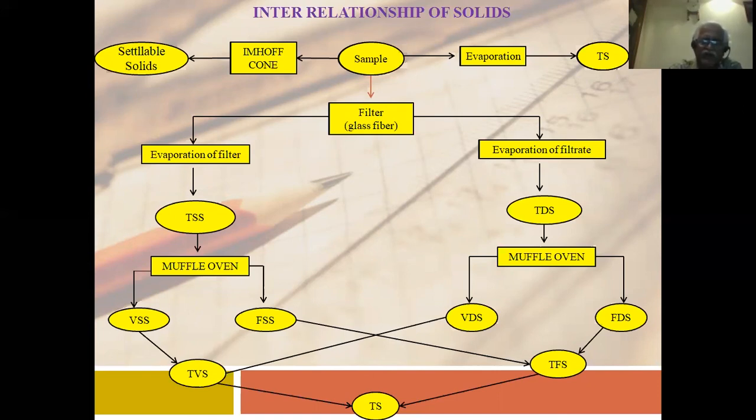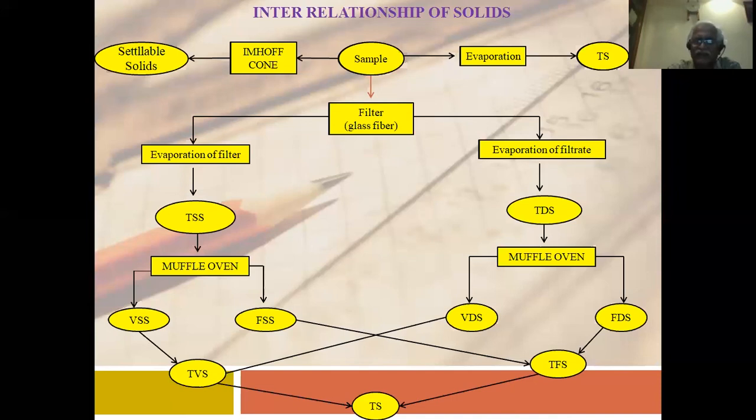Now, you evaporate the filter at 101, 102 degrees in the oven, and you measure total suspended solids, then heat it at 500 degrees centigrade in a muffle furnace. You will find the fixed solids. So total suspended solids minus fixed solids is your volatile suspended solids.